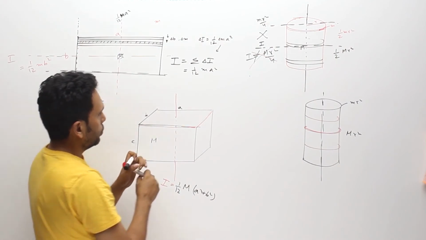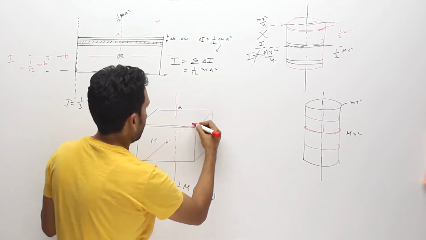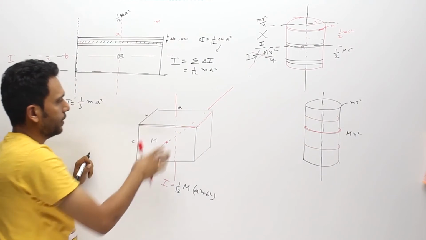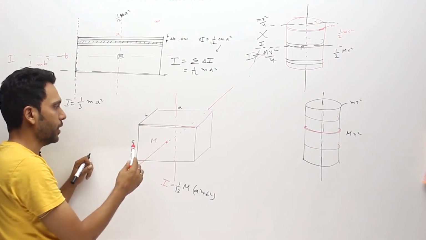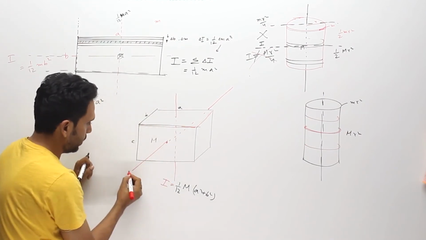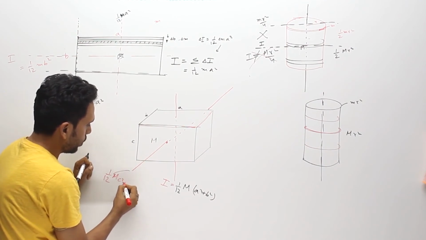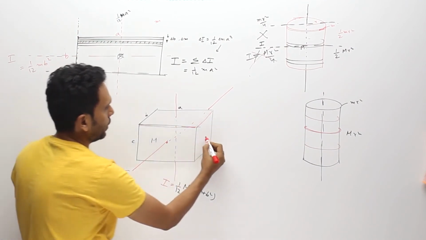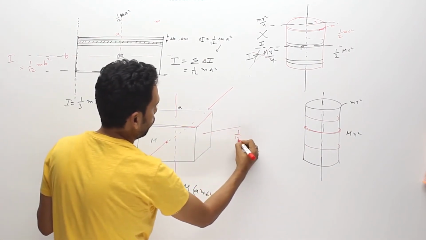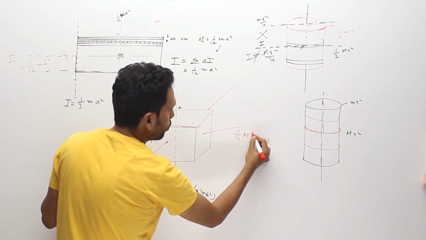Now if I ask you what is the moment of inertia along this axis, which is going along the depth b, I hope you got the answer. Not having b in it, it will be c square plus a square. So this answer will be 1 by 12 m (c square plus a square). Similarly, along a, this would be 1 by 12 m (b square plus c square).